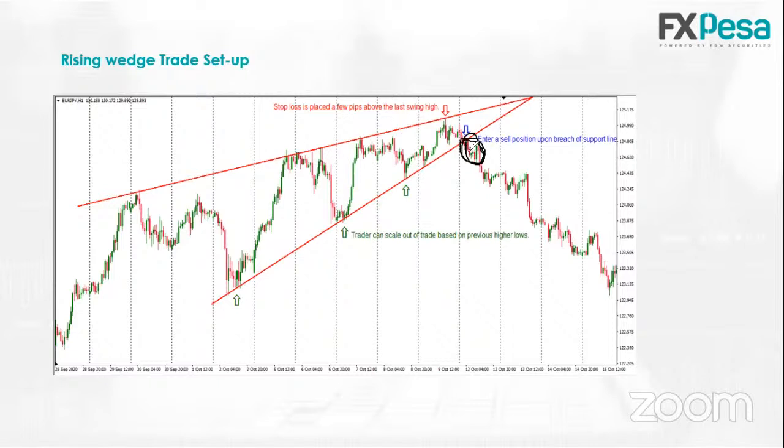At this point, you'll have identified the start of that reversal to the downside. So your most ideal point to enter would be around this area. Then your stop loss can be set based on the previous high point, a few pips above the previous highest point.